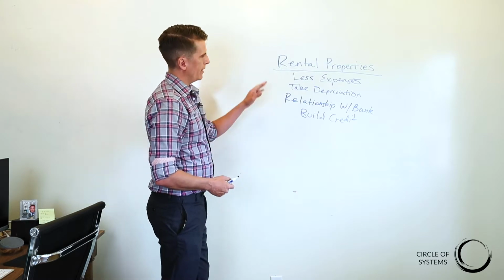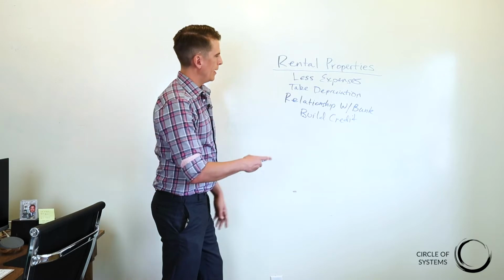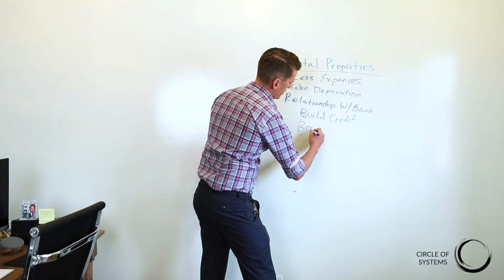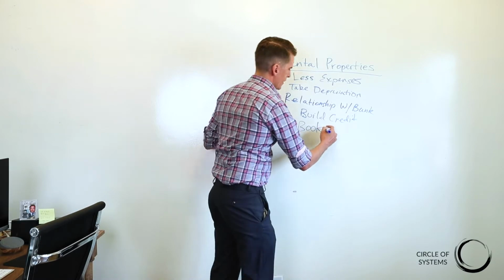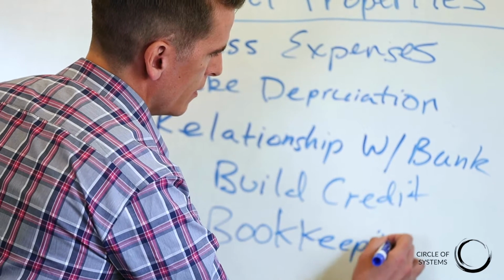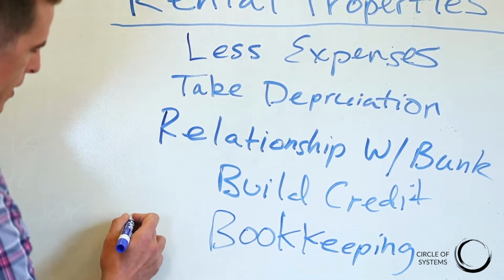Another big thing, if you want to do rental properties, is that you have bookkeeping done. So if you're a door-to-door guy and you make, say, $150,000 a year, you want to start having your bookkeeping done. I'd say $150K plus.